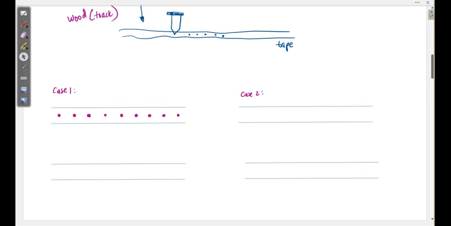Case number 2, let's see. And then case number 4.